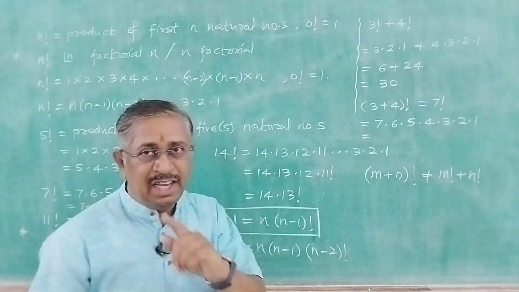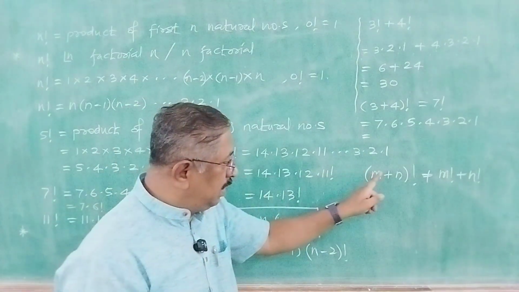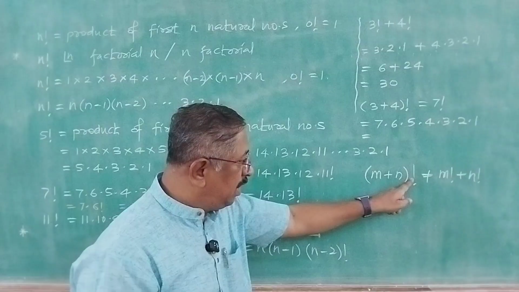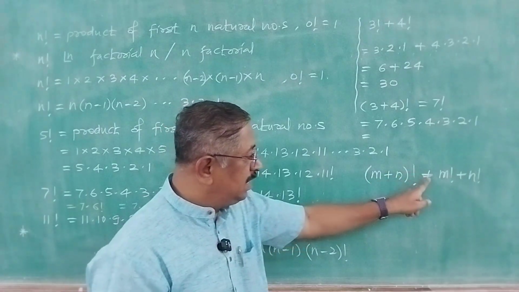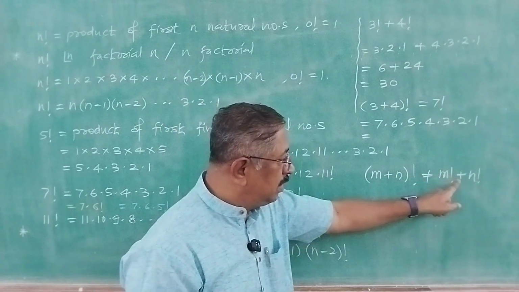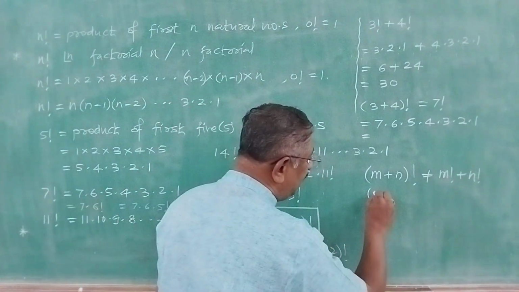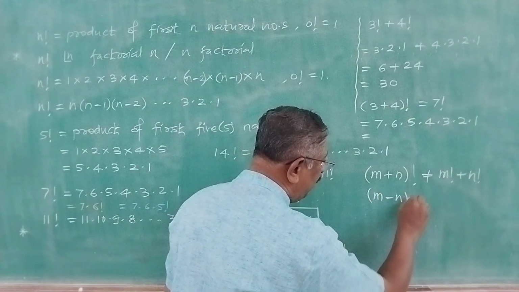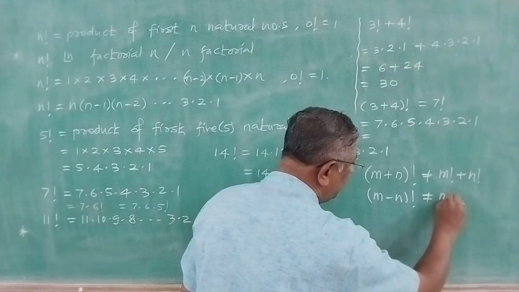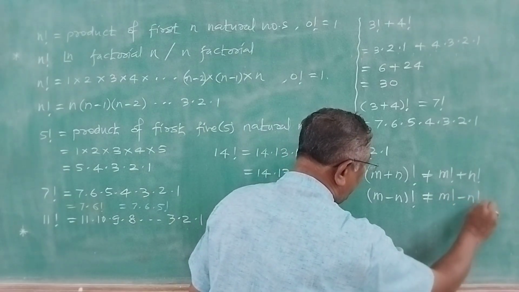It means clearly that the factorial of a sum is never equal to the sum of their factorials. On the same parallel lines, we write that (m minus n) factorial will never equal m factorial minus n factorial.